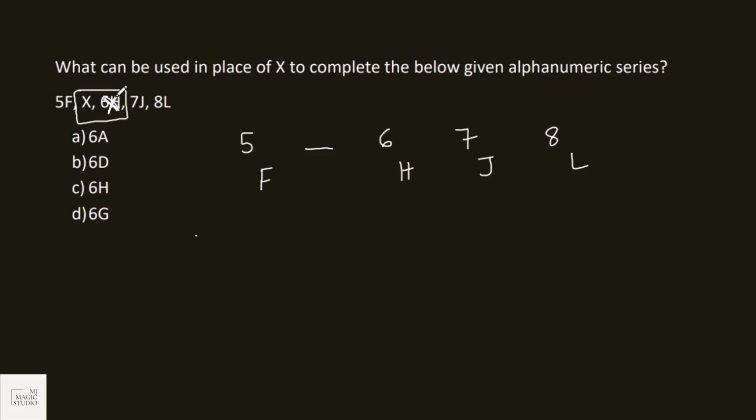In place of this, we should have only x, and then the answer will become 6H. 5, 6, 7, 8, F, G, H, I, J, K, L. It will become 6H in that case. If this kind of error has crept in on the screen, be smart and then mark the answer.